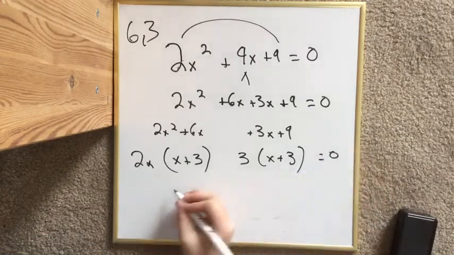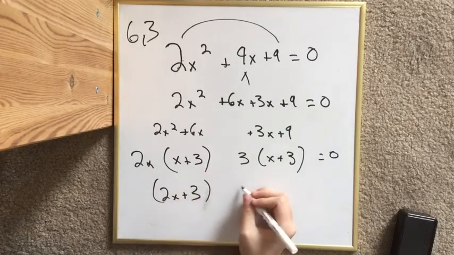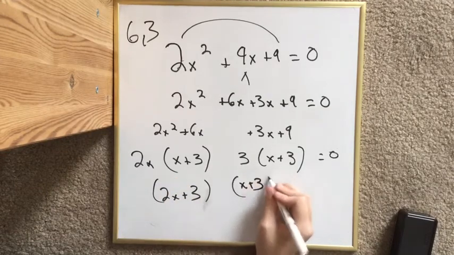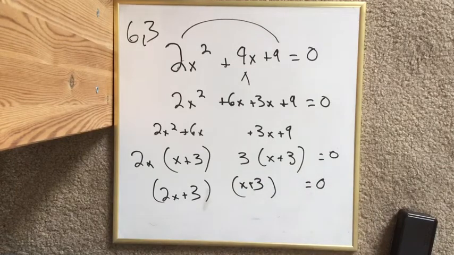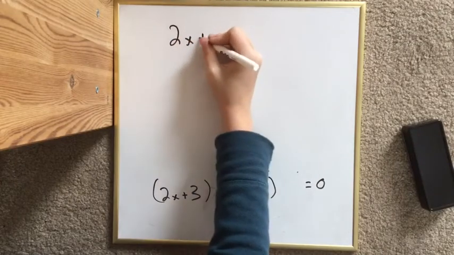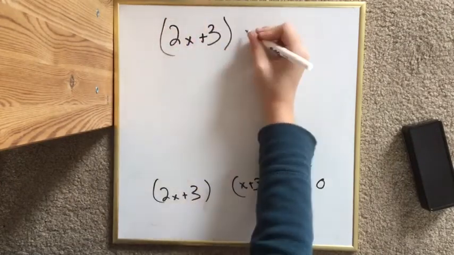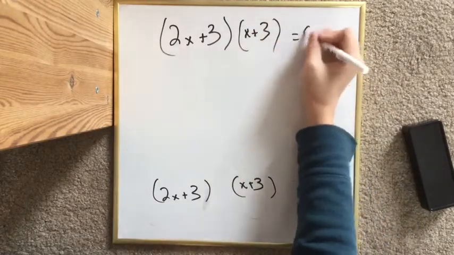So don't forget the equals 0. So we have 2x plus 3 times x plus 3 equals 0. Okay? So if you FOIL that out, you would get the original thing, but we're not done yet. We cannot forget the equals 0, okay? So I'm just going to rewrite our answer so far there, but that's not our final answer yet.